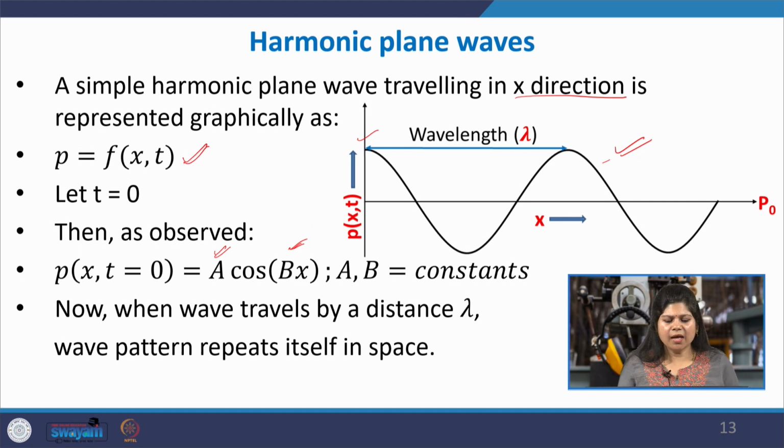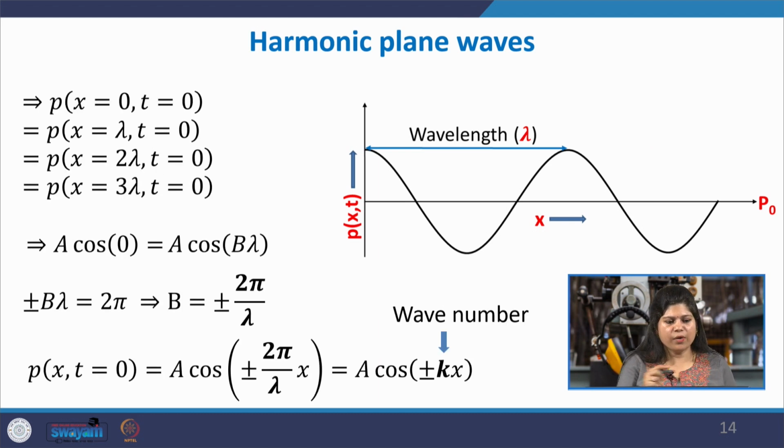Now, let us see what is the period of this wave. It is a cosine wave, right. What is the period of a cos wave? It is 2 pi. The wave repeats after every 2 pi interval. Here we have fixed the time as 0. So, at x equals 0, suppose this is the acoustic pressure at time t equals 0 and x equals 0.